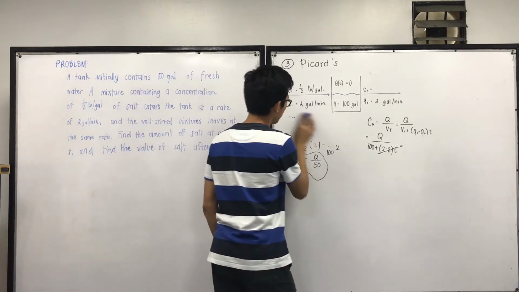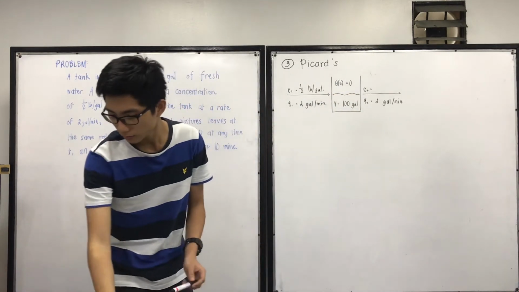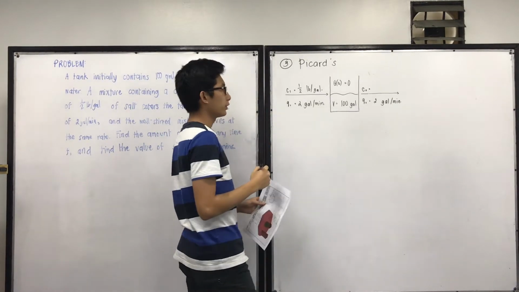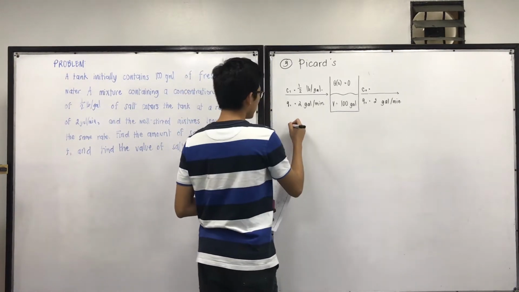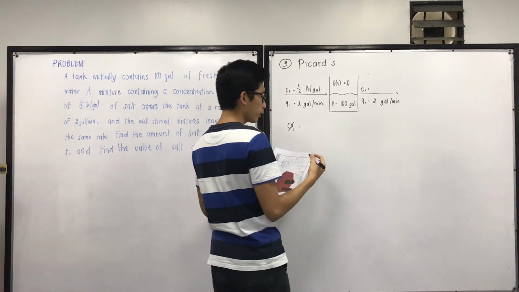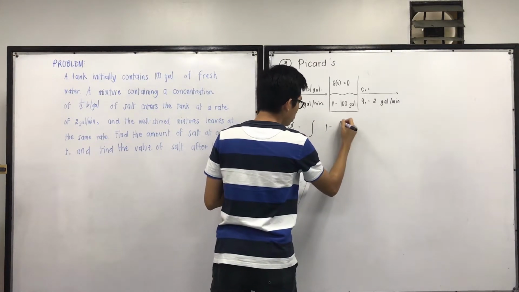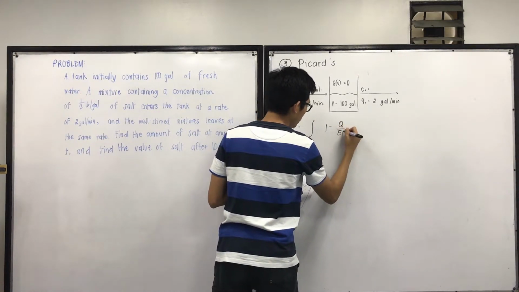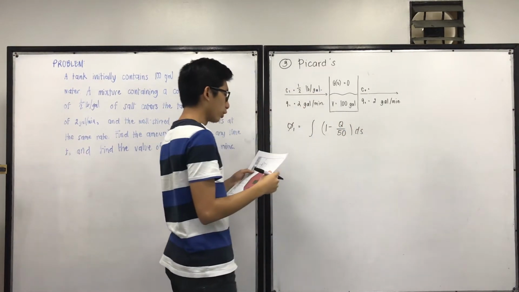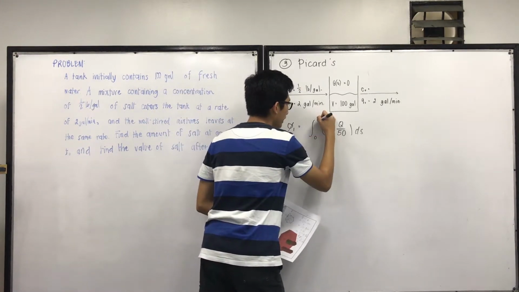So proceeding, for the iteration method, we are going to have the first equation, which is phi sub 1, which is equal to the given equation a while ago, the 1 minus q over 50 ds. And we are going to evaluate it from 0 to any given time t.